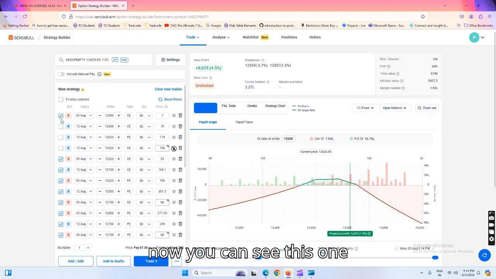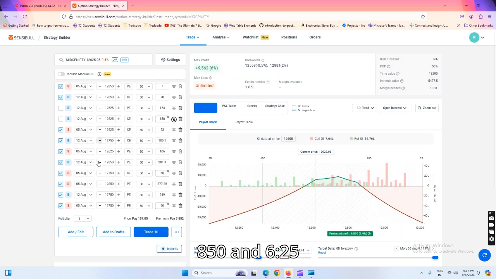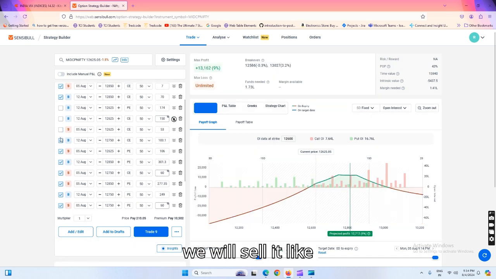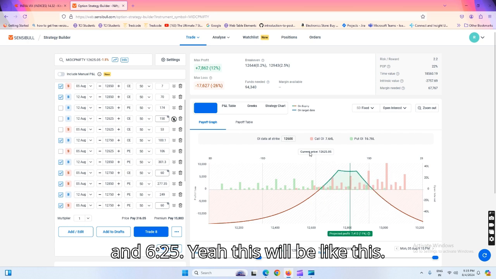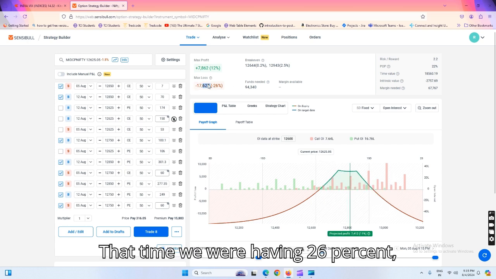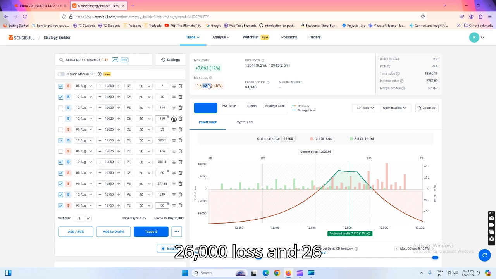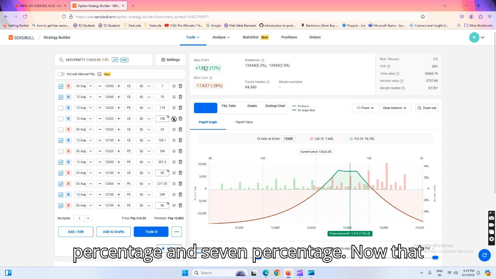Now you can see this one, 850, and 625 we will sell it, 625, 625, 625, and 625. Yeah, this will be like this. That time we were having a 26,000 loss, 26 percent and 7 percent.